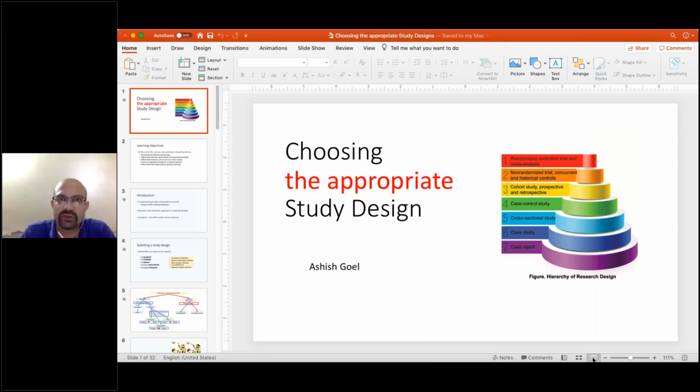So first thing which you should be able to easily identify, is this an observational study or is it an experimental study? अगर आपने स्टडी में या मरीजों के साथ ट्रीटमेंट में कुछ भी इंटरफियर नहीं किया है, if intervention is not your plan, then it is an observational study. If there is an intervention involved, then it is an experimental study.